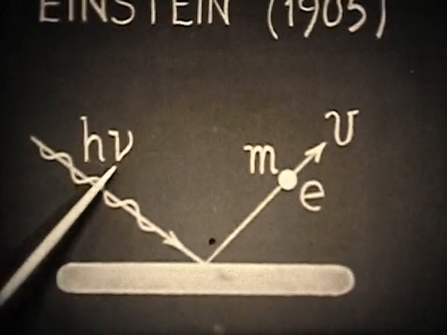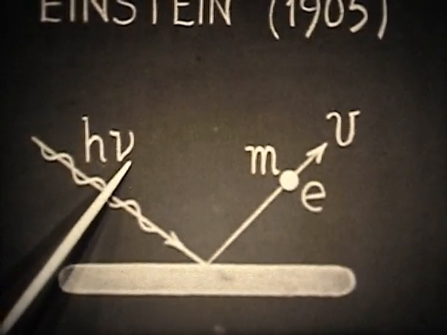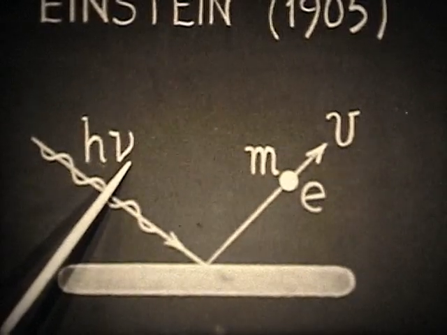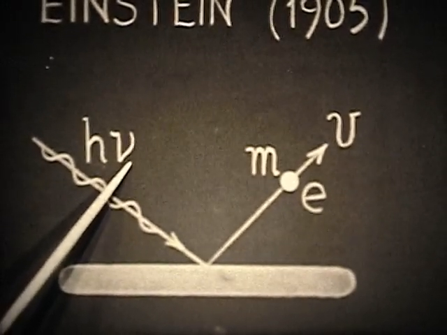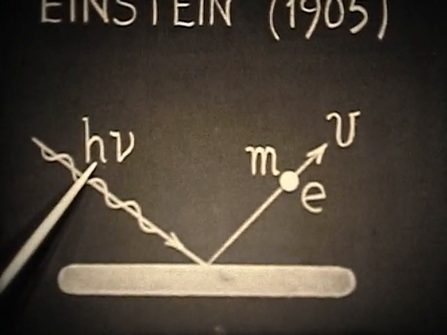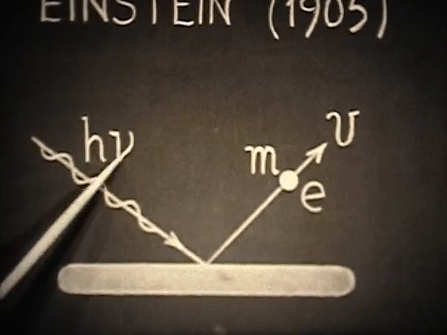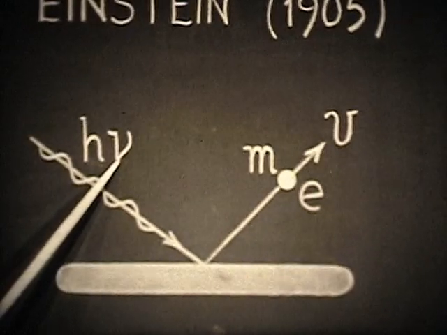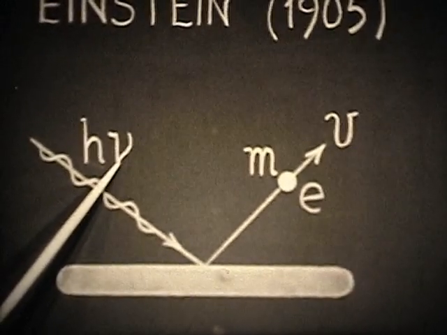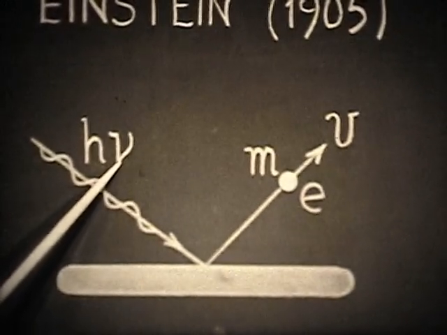And this is a very important concept. Every light wave, called a photon, has in it an amount of energy given by this constant, a universal constant, has one and one value only, times the frequency of the light. The higher the frequency of the light, the greater the energy.